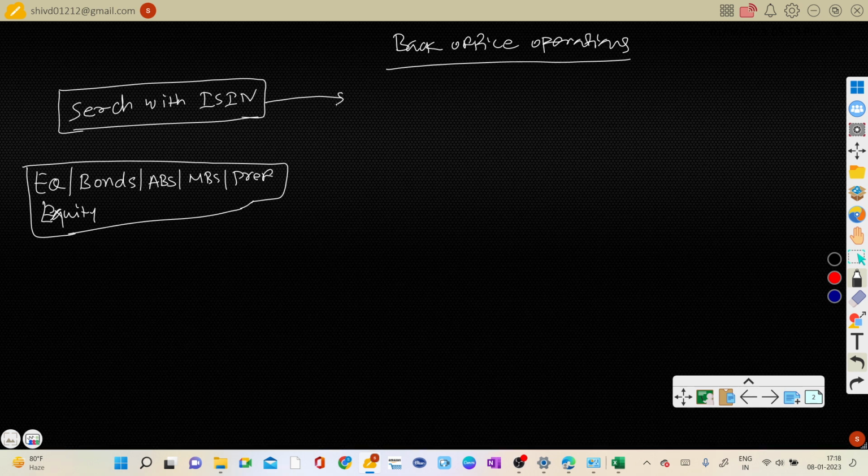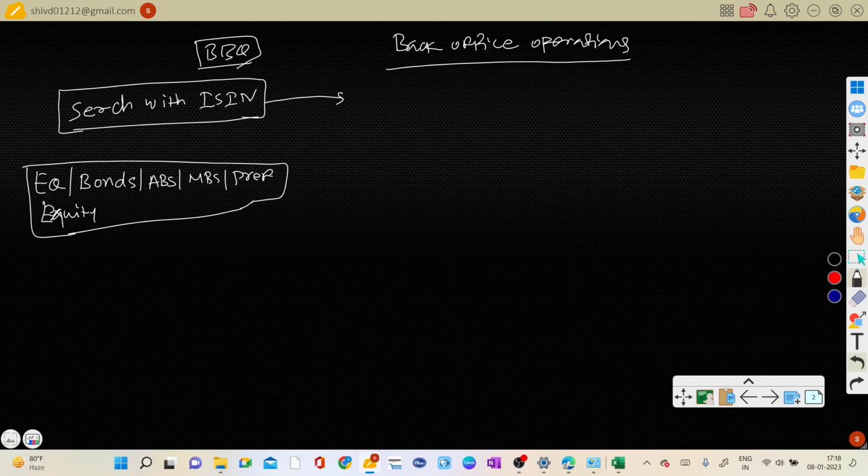So once you receive the Excel sheet, your job is to search with the ISIN or Bloomberg IDs as well. If the ISIN is not provided, then you can check with the Bloomberg IDs. Bloomberg is a platform where you can check the information. And if someone asks whether you have access to Bloomberg, say no, we don't have access.